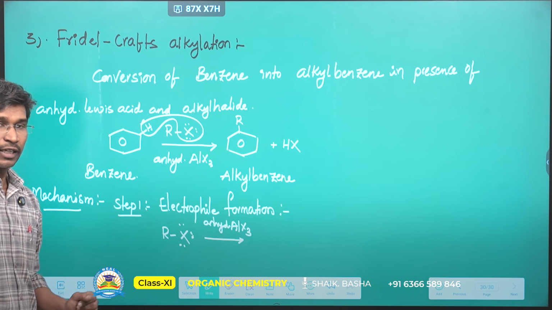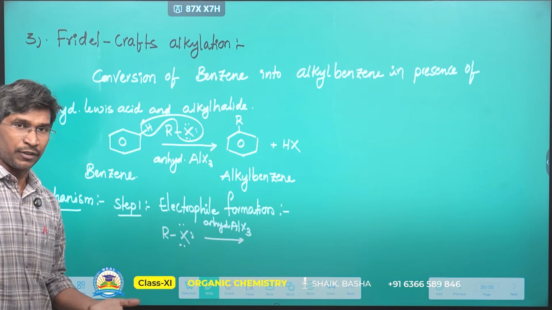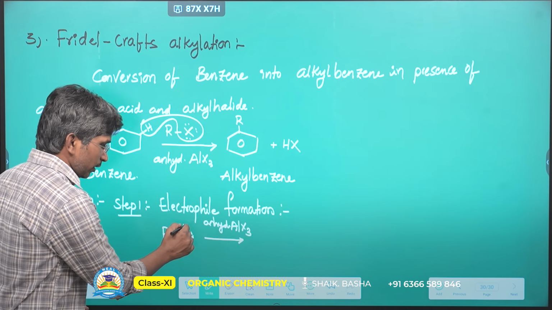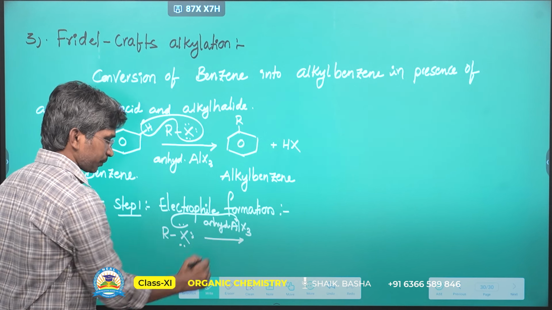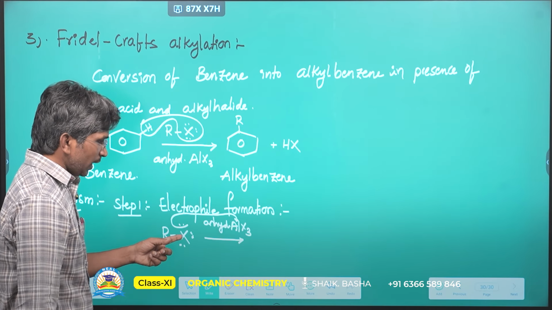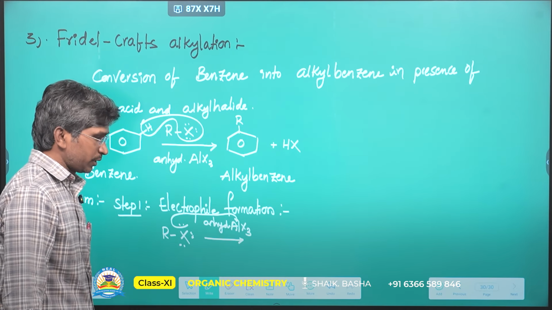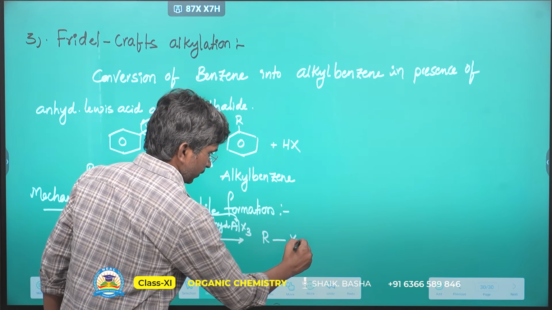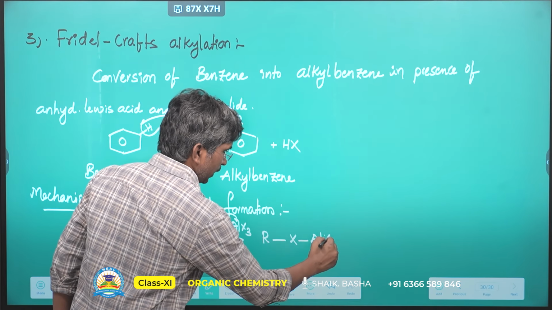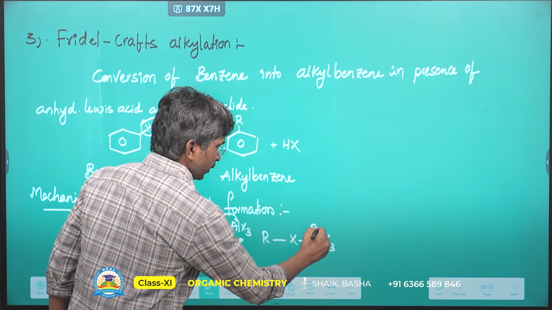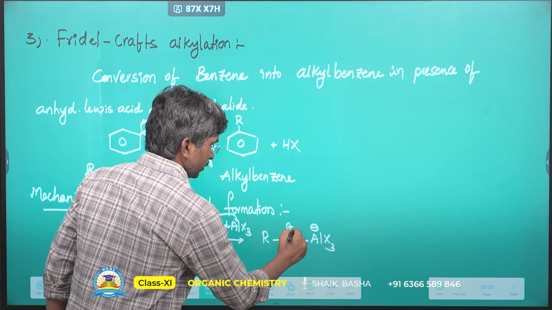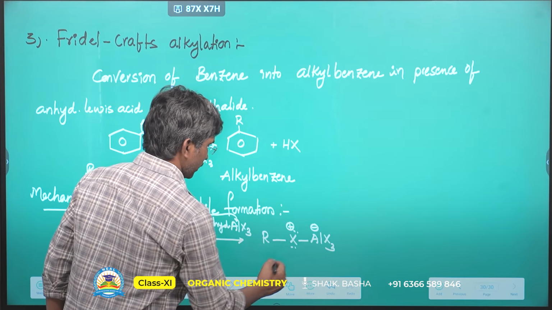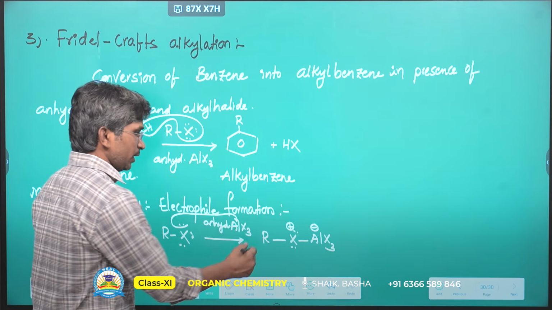Lewis acids are electron pair acceptors, electron deficient species, so it takes an electron pair from the halogen. Bond formation takes place between the halogen and aluminum. So what happens here? R-halogen with AlX3: aluminum gets a negative charge, the halogen gets a positive charge. 2 lone pairs remain because 1 lone pair has participated.